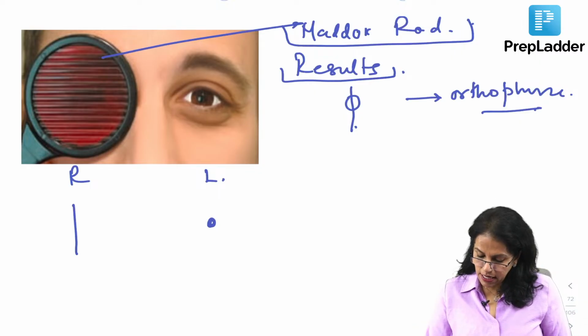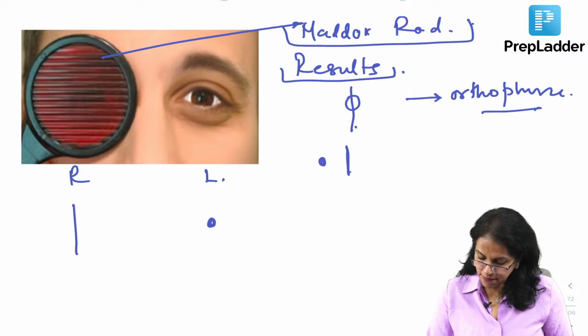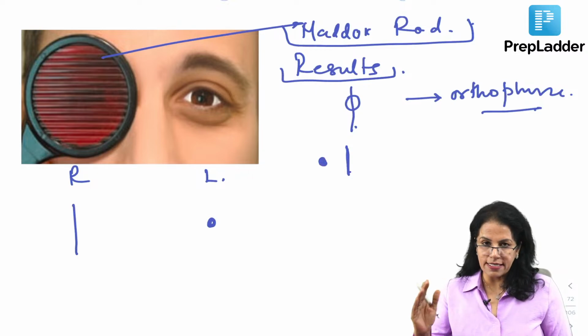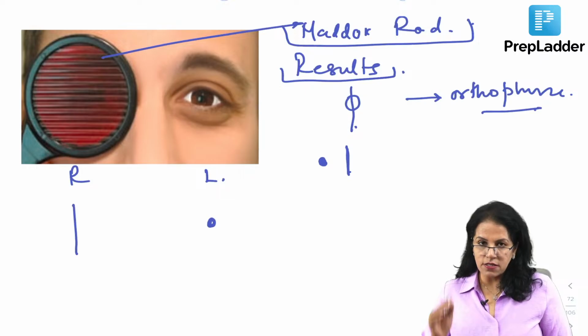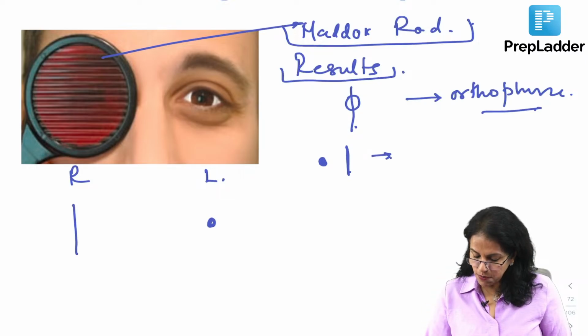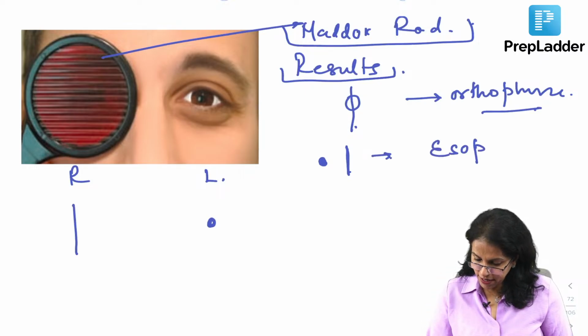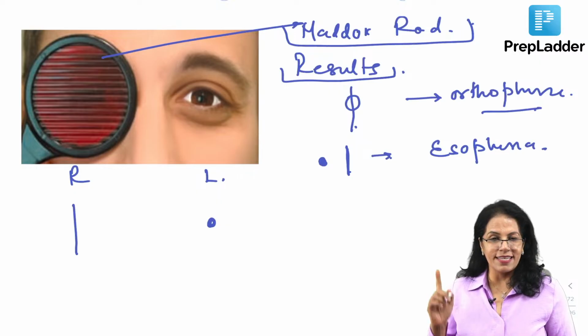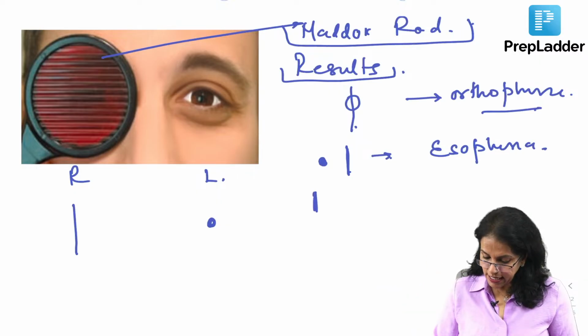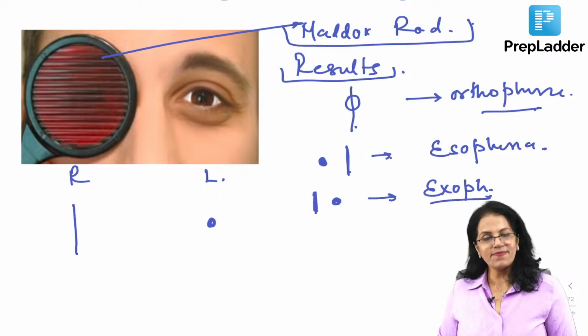Suppose the patient says the line is to my right and the spot is to my left. This is how the patient is seeing. His right side has the line, left side the spot. So it is right of right. So this is uncrossed diplopia. So this is esophoria. You remember uncrossed in eso, and if he says line is left, spot is right, this becomes exophoria, right?